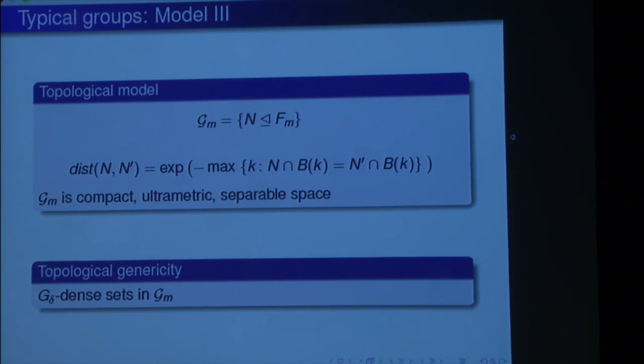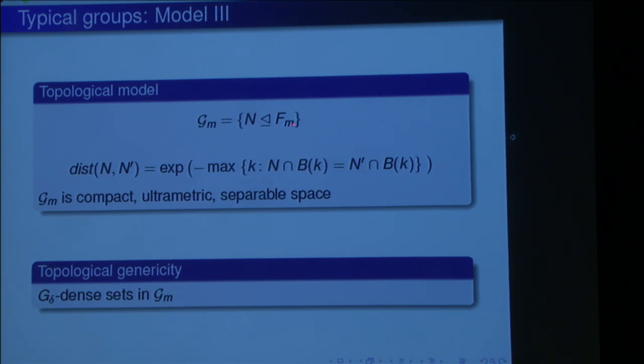Is it clear? Okay, so this is my space. It is a space of normal subgroups in a fixed free group with a fixed generating set of m generators. In such a way, I consider also all quotients of F_m.